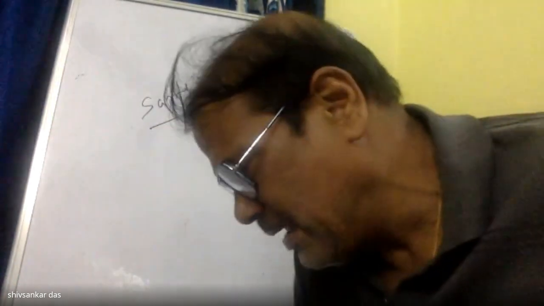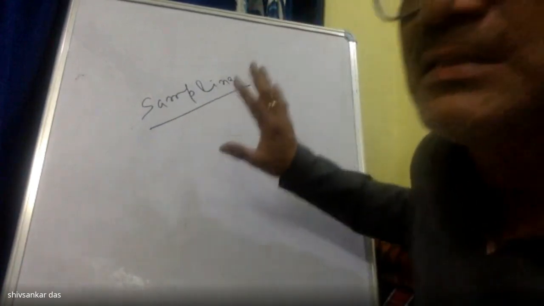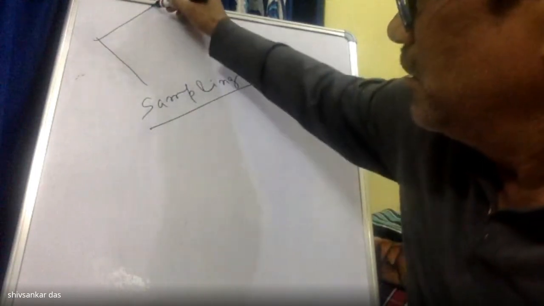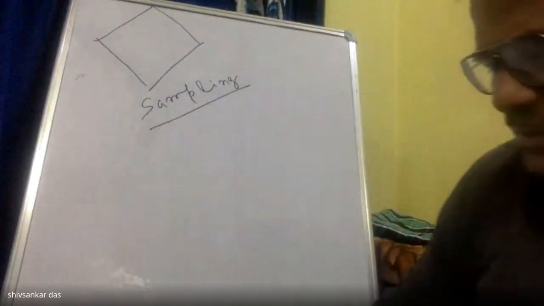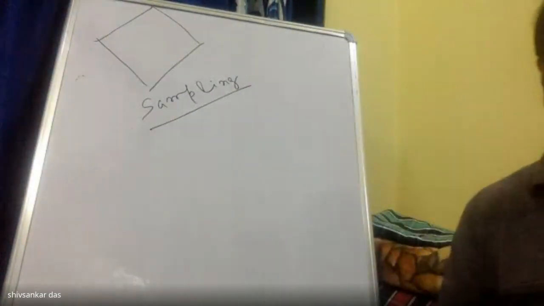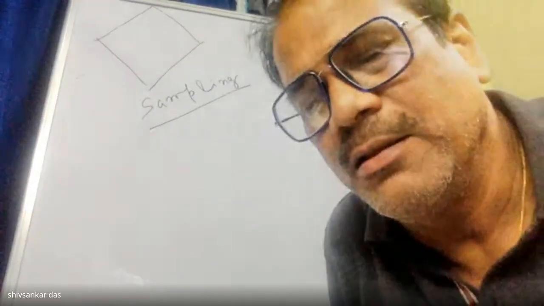So in the case of sampling, what is the sampling? Suppose this is a population. The students who are attending this class, I'll say this is a population for me for today.